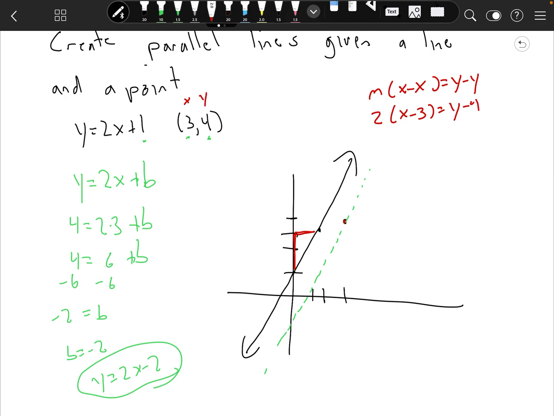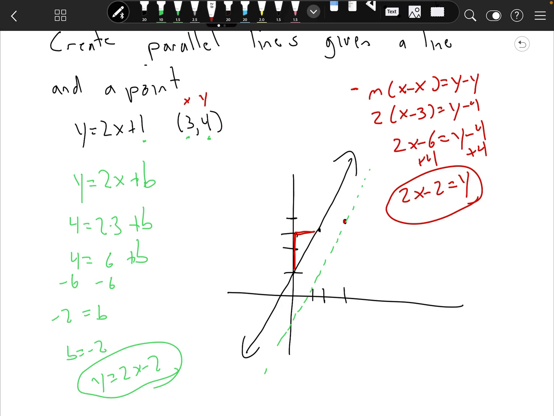Then we distribute and add 4 to both sides, and we end up with the same thing. So 2x minus 6 equals y minus 4. Add 4 to both sides, and we get 2x minus 2 equals y. Same thing. Whether you use the point-slope form in red or the slope-intercept form in green, it doesn't matter. But be familiar with how that works.